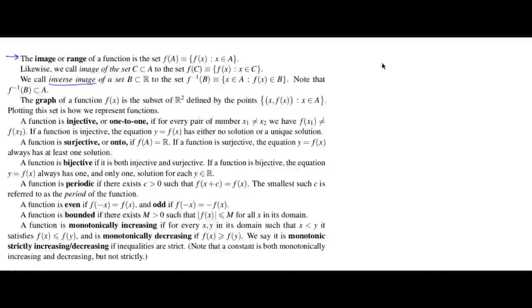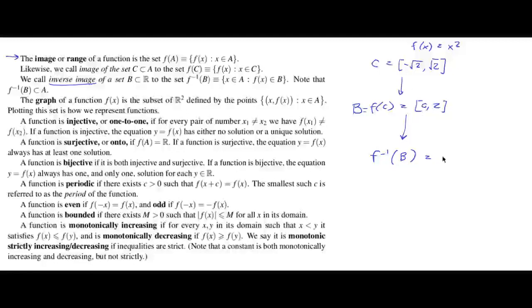So as before, I take this set C, minus the square root of 2 to the square root of 2, and I map it with, again, f of x is x squared. f of C is 0 to 2, as I just said. Well, f minus 1 of, let's call this B, for instance, f minus 1 of B is C. Do you see? If I take this set C, I map it, and then I get this set.